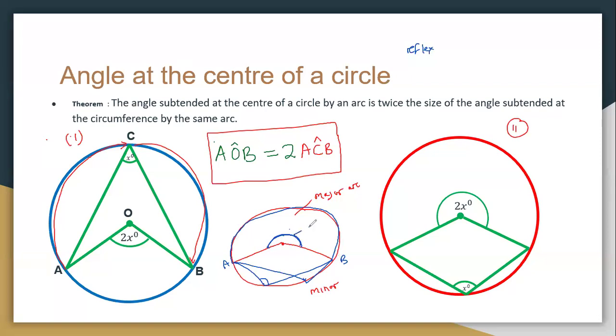So for this case, this is what we call the central angle. The angle being subtended by the major arc is this angle here at the circumference. Hope we have got that one clearly. Take an example.